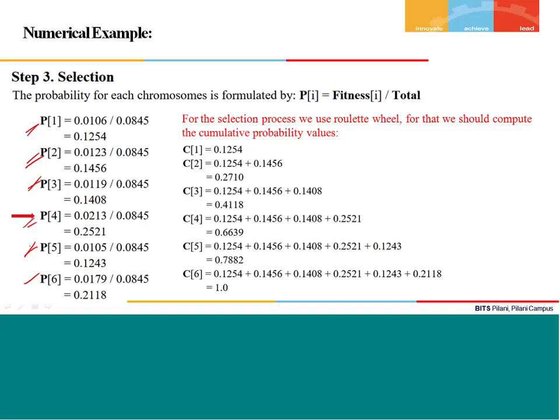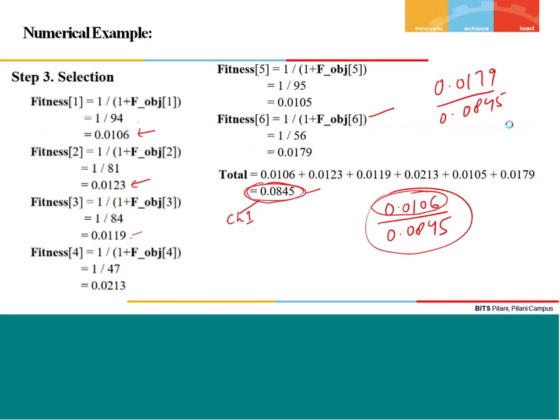Now you want to select. This is a very important part. So far you have evaluated which is the good one, the best one among all these. The total was 0.0845, right?